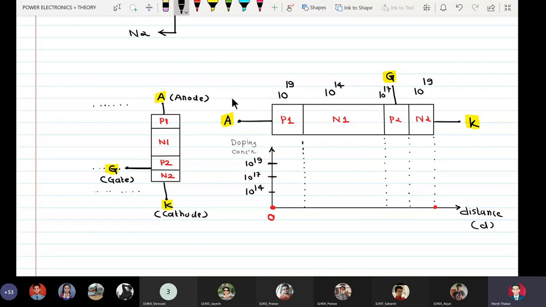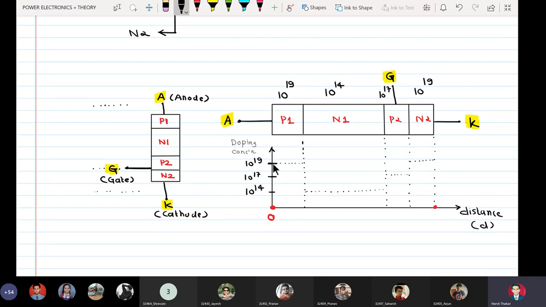So let us mark levels: P1 is at 10 raised to 19, N1 is the least, at 10 raised to 14, P2 is at 10 raised to 17, and again N2 is at 10 raised to 19.